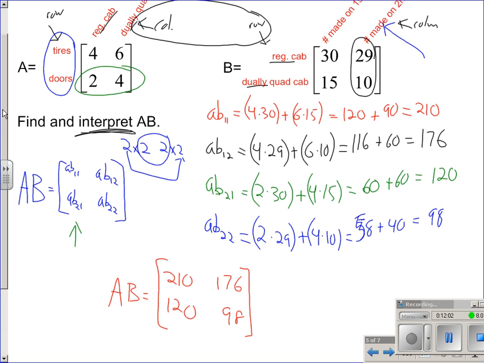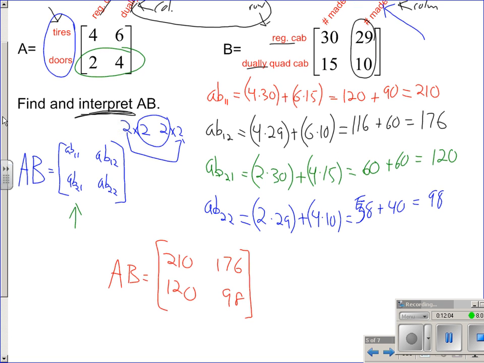So when we go to our answer matrix A times B, the rows were the tires and doors. The columns were up here: the number made on the first shift, and this was the second shift.